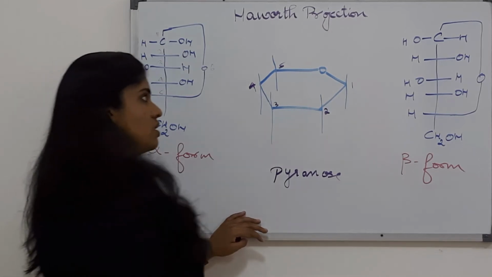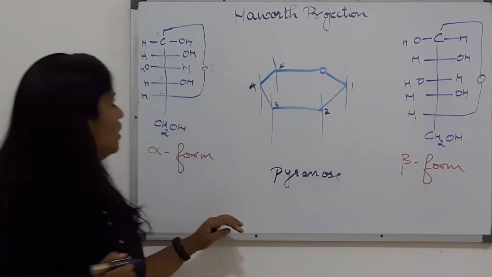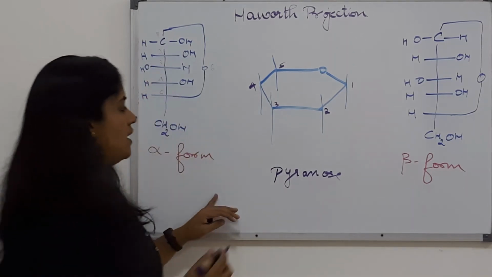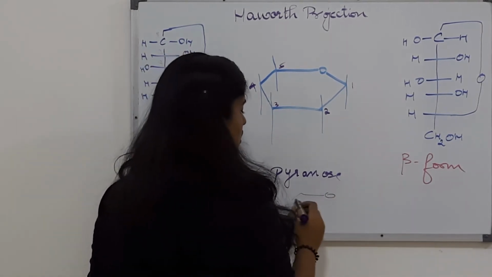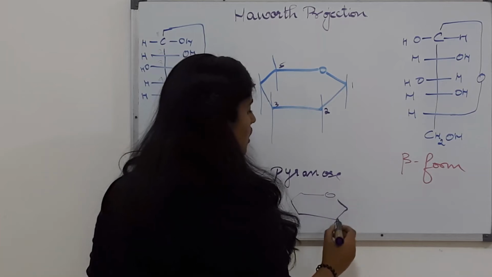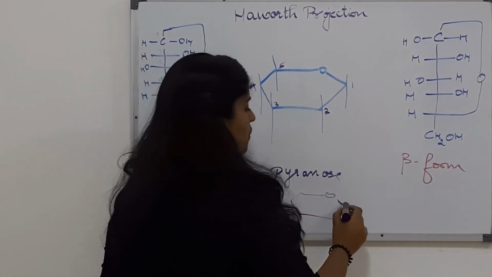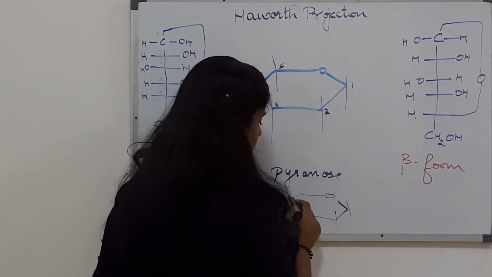And finally the sixth one is my oxygen atom. Now I have to put the H and OH on this. I had my ring structure like this, and this is the pyranose ring. H and OH I'm going to add one by one like this.